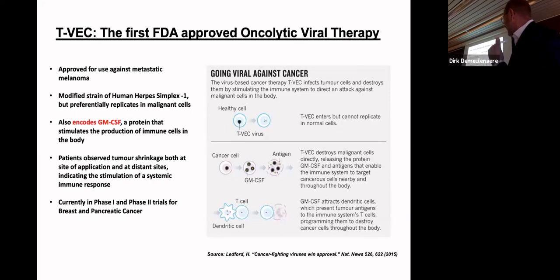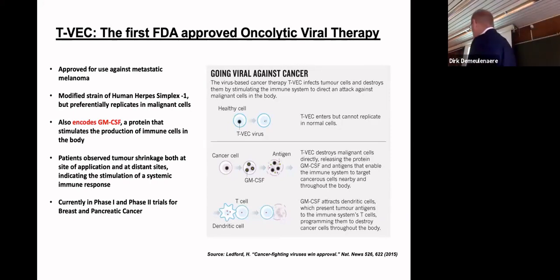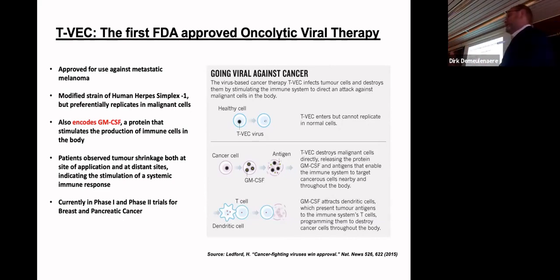The virus has been genetically modified to express GM-CSF, a very stimulating cytokine. So when the virus is killing a cell by replicating in the cell, it's not only providing the antigen, but also all the accessory stimuli to make this antigen immunogenic and induce an immune response that the tumor has been inhibiting sometimes for months or for years.